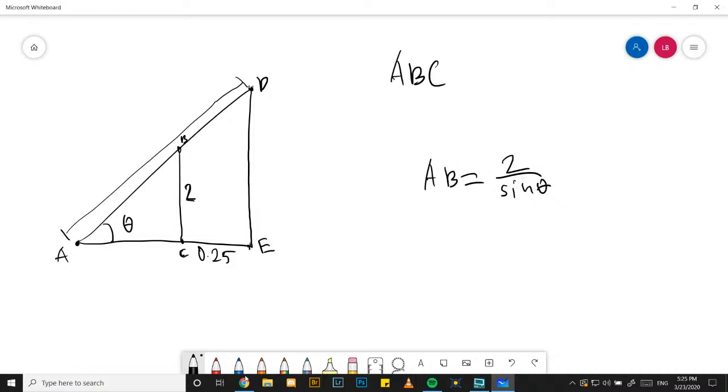Now the next thing that I know is that AC, this one over here, is going to be equal to 2 over tangent theta, because the tangent of theta is equal to 2 over AC.